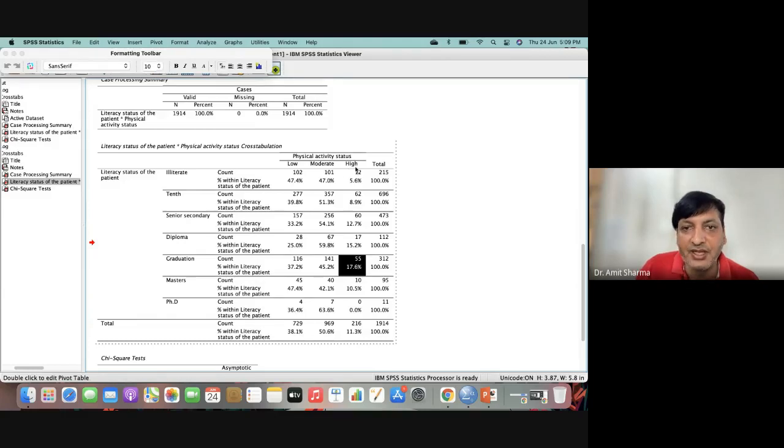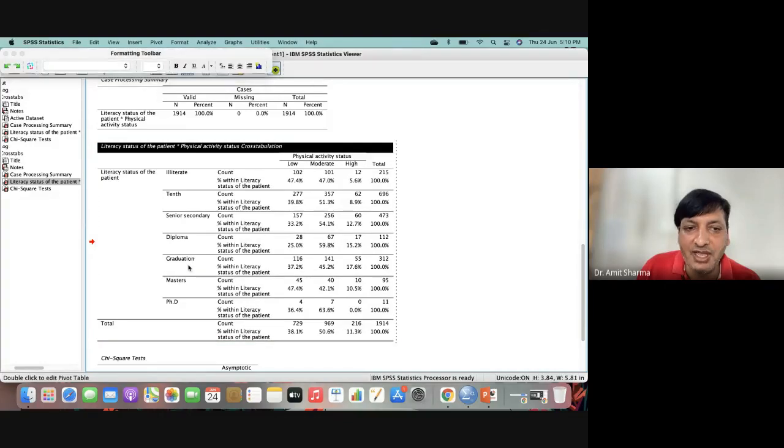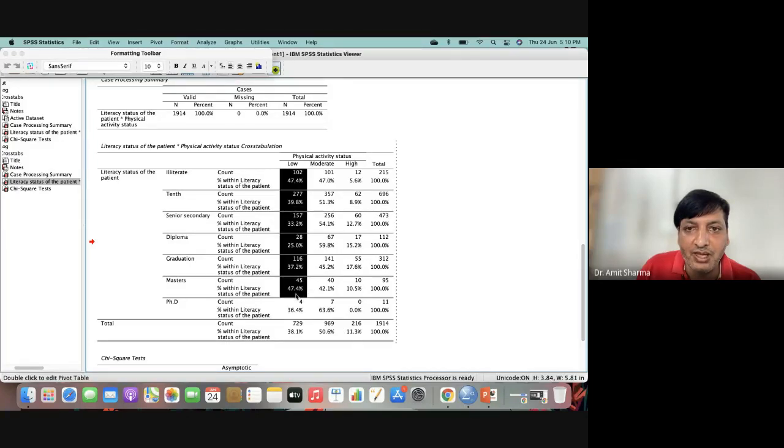So you can say that if you're talking about physical activity, those persons doing high physical activity were graduates. Those patients or volunteers having an education level of graduation are doing high physical activity. And those who are illiterate and masters are doing low activity.